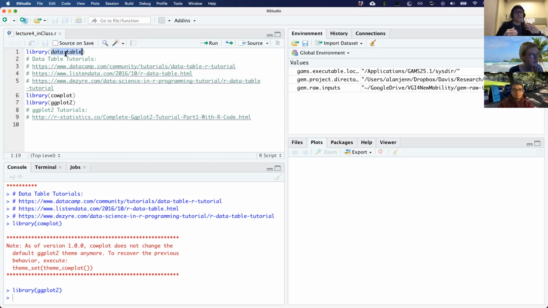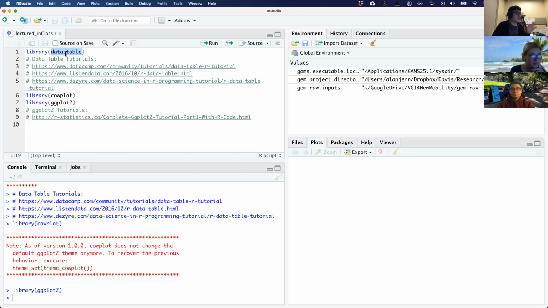Data table is a functional equivalent to data frames. These are essentially tables in R, but they're functionally a lot more powerful. The person who built this really emphasized memory and speed.